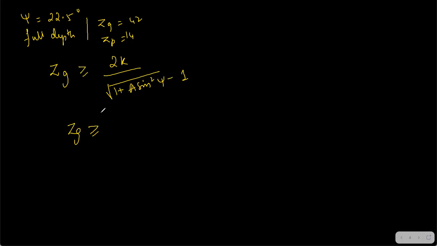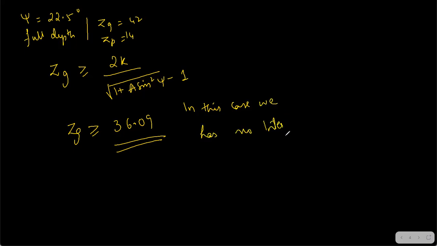Only one value is changed, the pressure angle, 22.5. So I am getting 36.09. How many teeth do we have? Minimum teeth is 36. We have 42, right? So in this case, we have no interference.